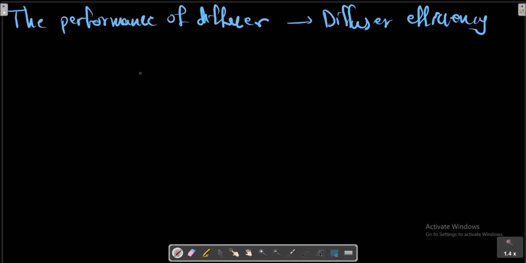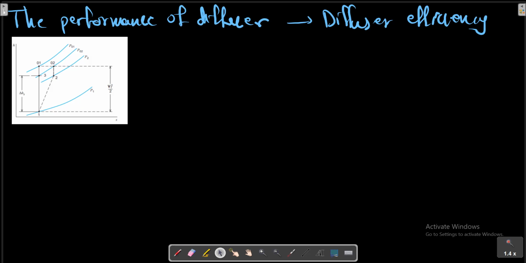On the h-s diagram in this picture, states 1 and 01 are the actual and stagnation states of the fluid entering the diffuser.